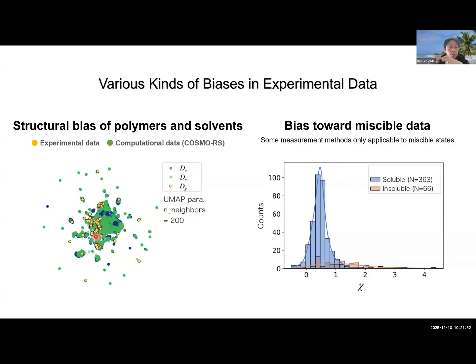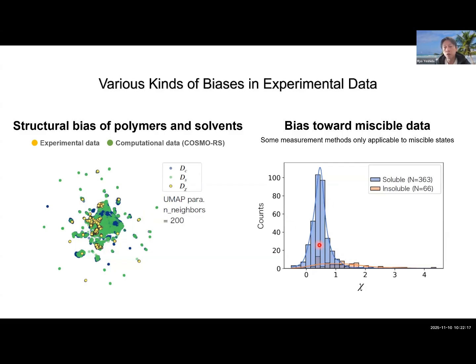In order to expand the applicability domain of the machine learning predictor, it's important to generate data distributed in a broader region of the material space. Another bias comes from the selection bias of researchers.